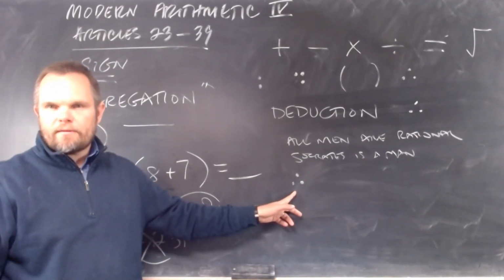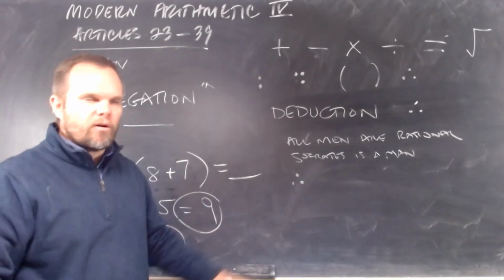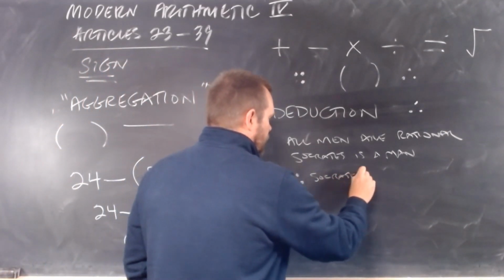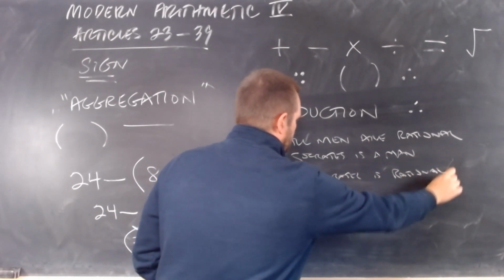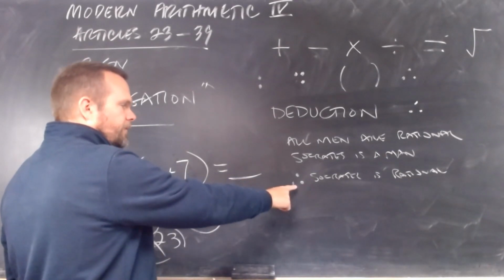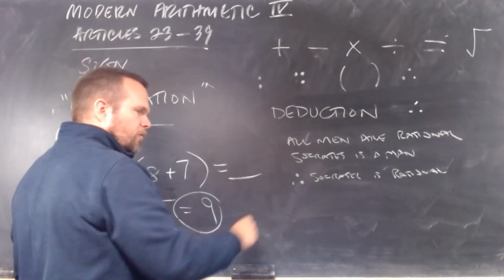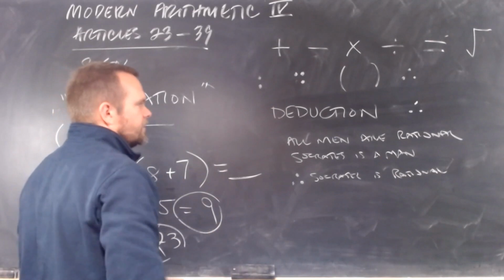Do you understand that? Do you follow me here? That sign is translated as therefore. Therefore, Socrates is rational. I'm making a conclusion. I'm drawing a conclusion. This is the sign of deduction. I'm reasoning to a conclusion. Those 3 dots are a sign of deduction.